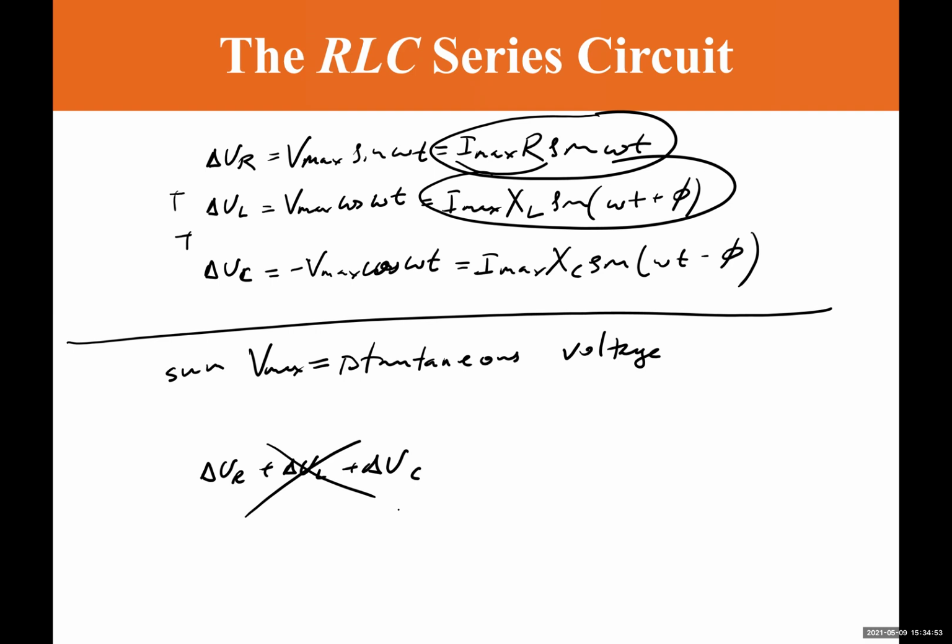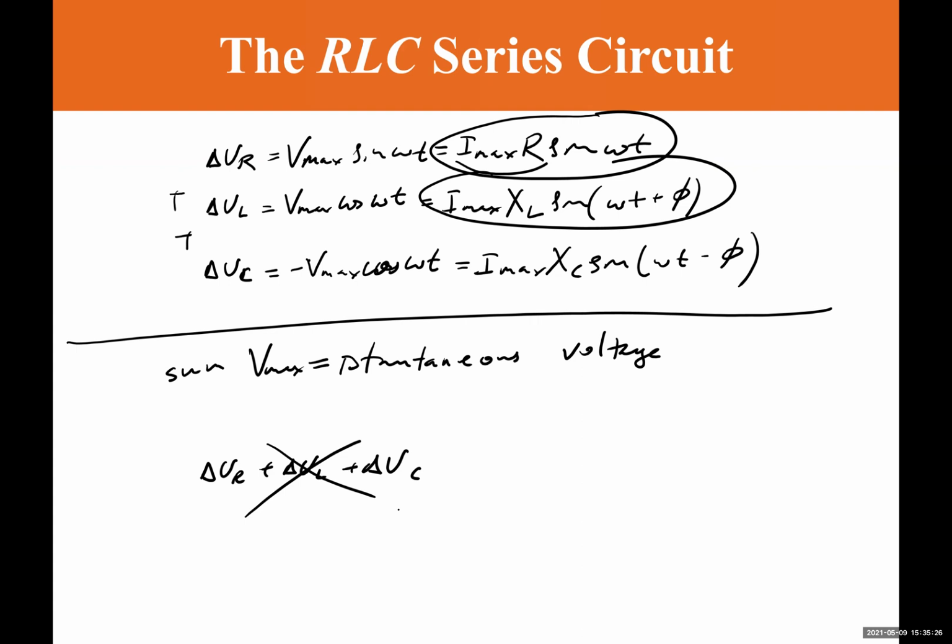Remember, if you try to add a horizontal vector to a vertical vector, you can't, because they are in different directions. The similar idea is here, because they have different relationships with respect to their current. VR is in phase with the current, VL is out of phase with the current, and VC is out of phase differently, lagging compared to being ahead. But the idea is that we cannot simply add them together.